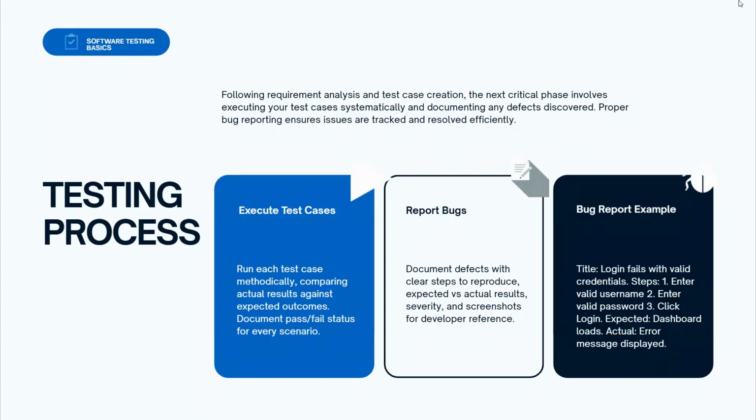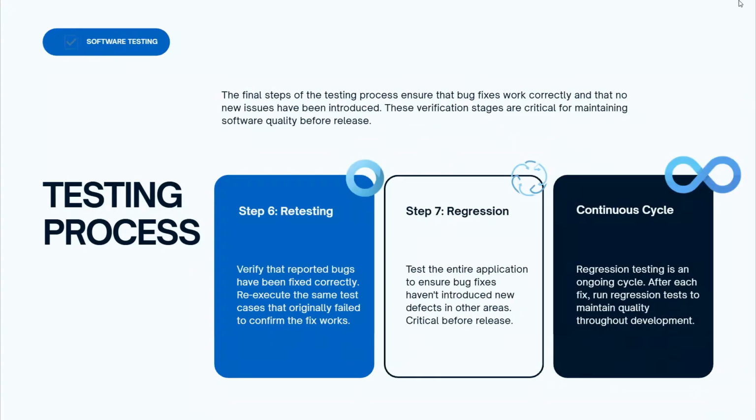Suppose user story 1 is assigned to developer A, and you create a defect because you found an issue in the login page, or it is not throwing an error, it is not behaving as expected. You will create a defect and assign it to the particular developer. Okay, and the developer will take that issue and work on it. He'll fix that defect, and he will again give it to the testing team.